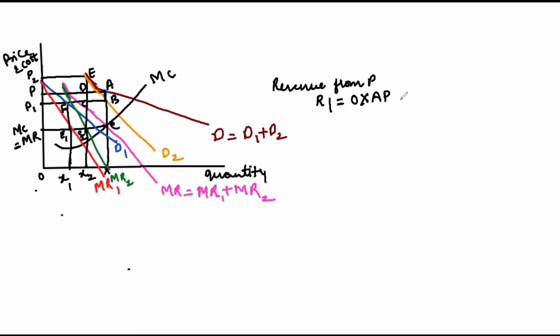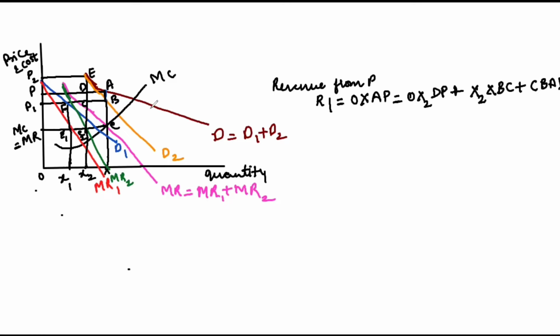And I can also write OXAP as OX2DP plus X2XBC plus CBAD.